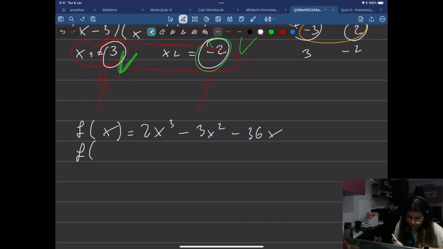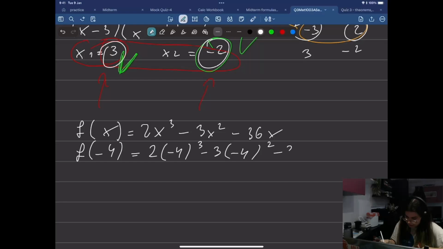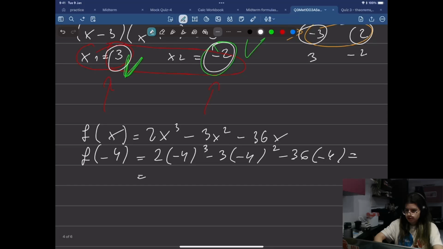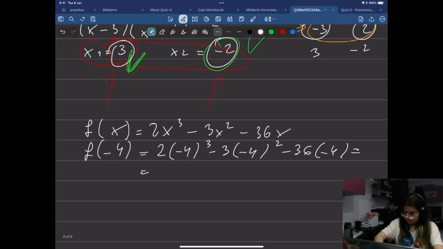And now if we calculate f of minus 4, that's 2 times minus 4 cubed minus 3 times minus 4 squared minus 36 times minus 4. I'm actually going to use a calculator for this. Not that it's super hard, but my brain is not braining much. And I think just in order to be quicker, I could use a calculator. So that's minus 32.